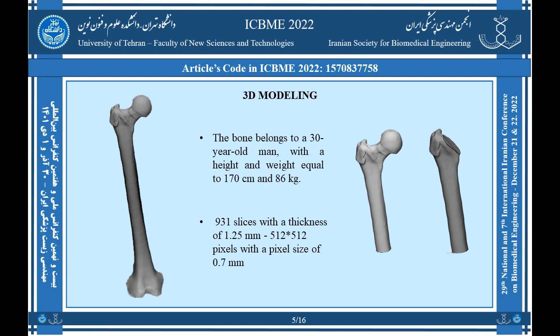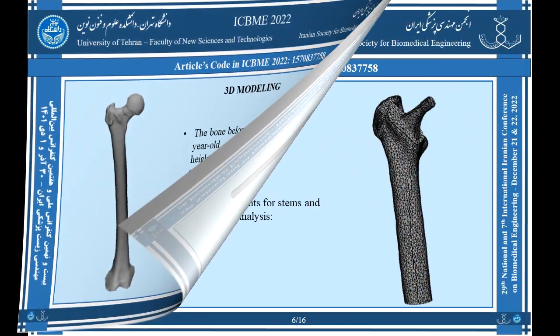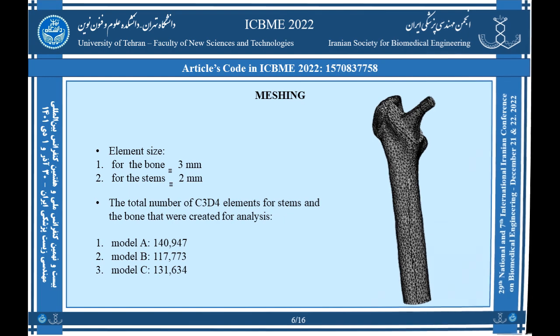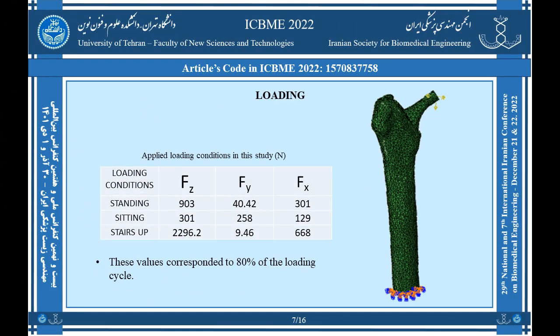Then the model was imported into Trimatic software, and there the bone was cut in diaphysis and epiphysis, and then each implant was placed in the medullary canal of the bone. After that, meshing was done in Trimatic, and 4-node tetrahedral elements were created. After assembling the implants and the bone in Abaqus software, they were fully bound to each other by assuming complete integration between the stem and the bone.